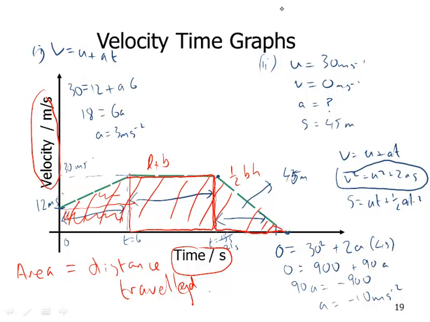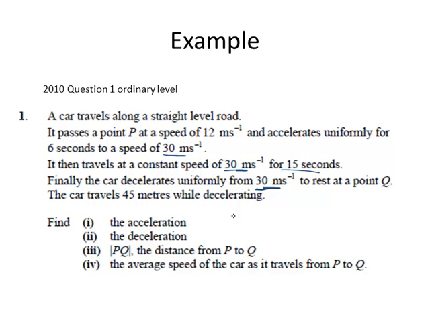We know that the distance from here to here was 15 seconds, and the height there is 30. 15 times 30 tells us the distance travelled in that section there. Similarly, you could do it for that section and that section. Now, I might leave it at that just for a moment, and you can probably just try to finish off this question from that.